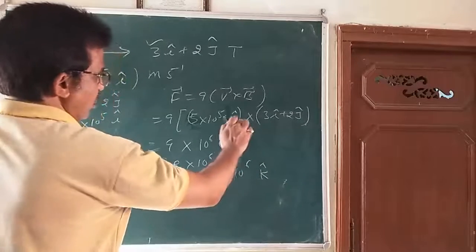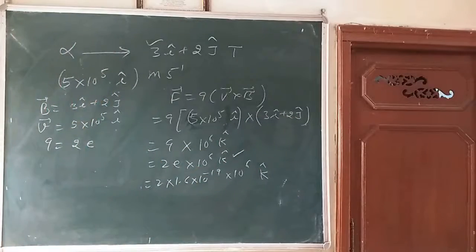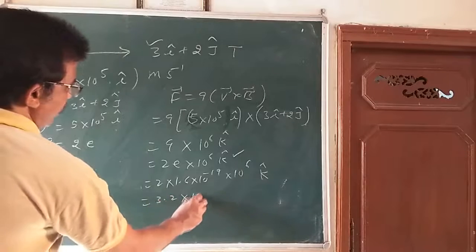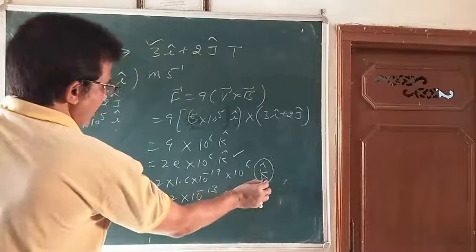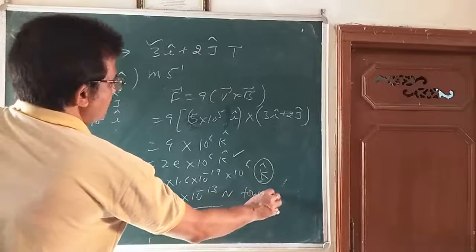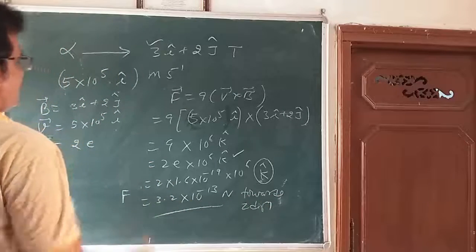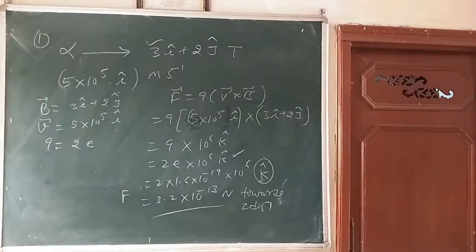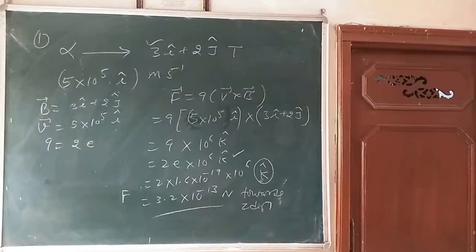Children, you know very well how to do the cross product. i cross i becomes 0, and i cross j is k, which I wrote here. So we are getting here, just to multiply it, 3.2 × 10^-13 Newton towards positive Z direction. There is no minus on k, so it is towards the Z direction. This is the force here. It is a very good question, and you should know all this, how we can take the cross product.